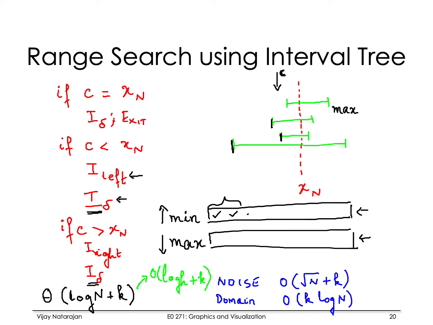So this could be a better analysis compared to log n plus k, if we recognize that the endpoints could be integers, and in that case there are only finitely many possible endpoints, so h could be much less than n.